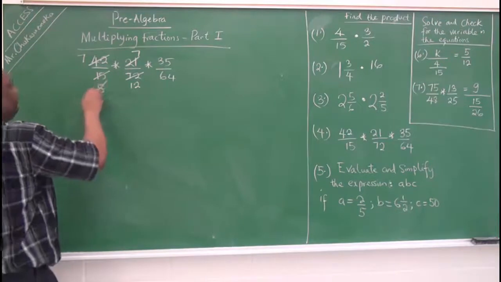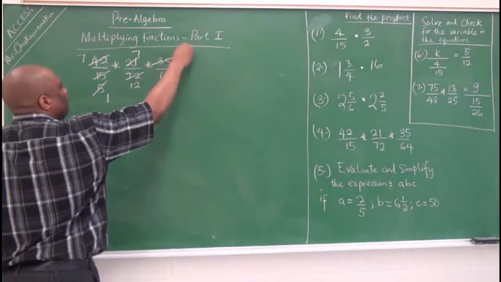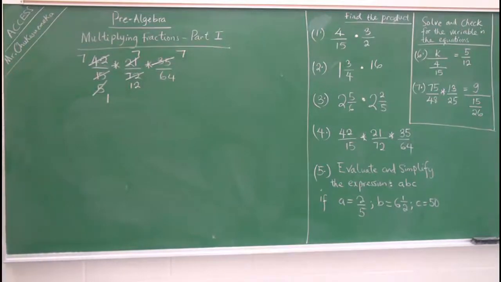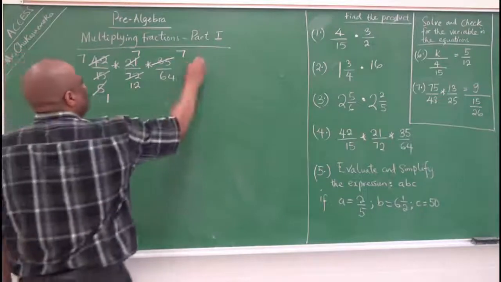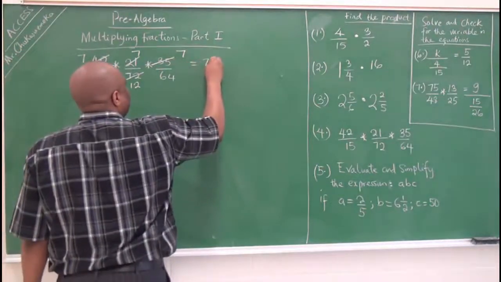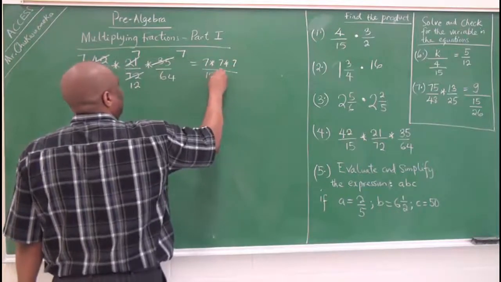Then 5 into 5 is 1. 5 into 35 is 7. Right? Okay, is there another thing? Nope. So this will be 7 times 7 times 7 all over 12 times 64.